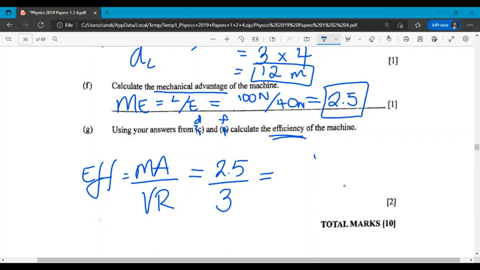So 2.5 out of 3 gives us an efficiency of 0.83. And again, there are no units here. Sometimes the question would go further and ask you to give the percent efficiency, and so all you do is change this into a percentage. So instead of 0.83, that would be 83%. We'd say the block and tackle machine is 83% efficient. And that's the end of question 2.